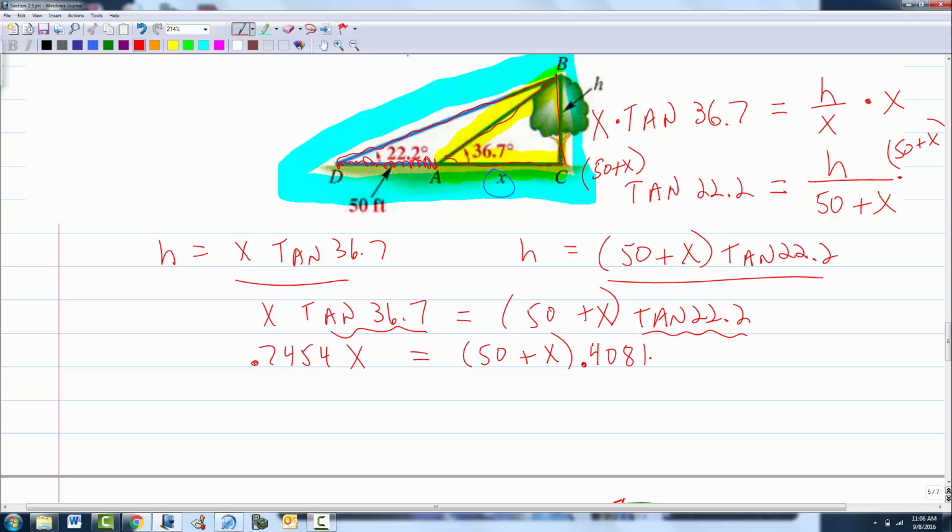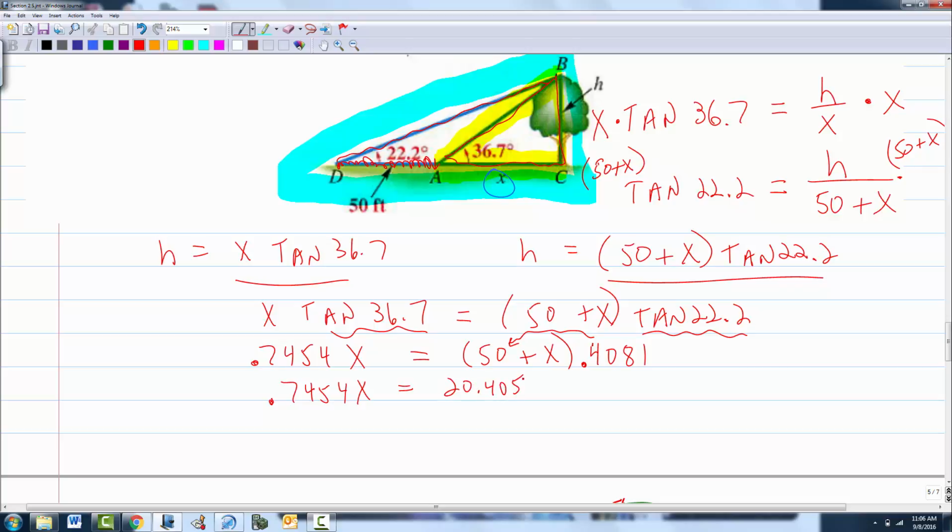Now, this is a grade school question. All the teacher would have said is, just use your calculator on it, but do your skills. What would I do next to solve this for x? Distribute. And the only thing you have to multiply is 0.4081 times 50. So I'm going to write this down and wait for someone to tell me what that is.